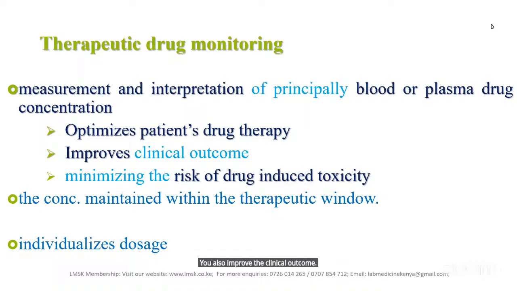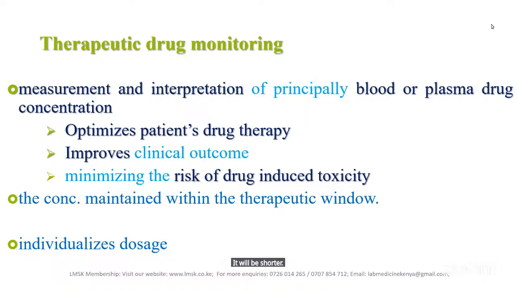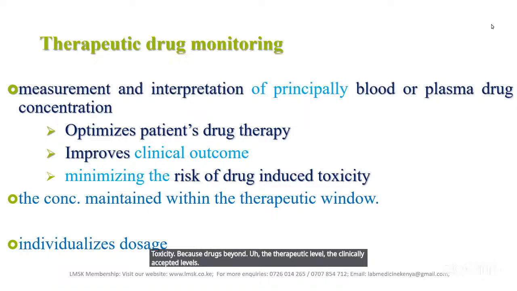And when you improve the clinical outcome, the patient's hospital stay will be shorter. Thirdly, we want to minimize the risk of drug-induced toxicity because drugs beyond the therapeutic level, the clinically accepted levels, will become toxic.